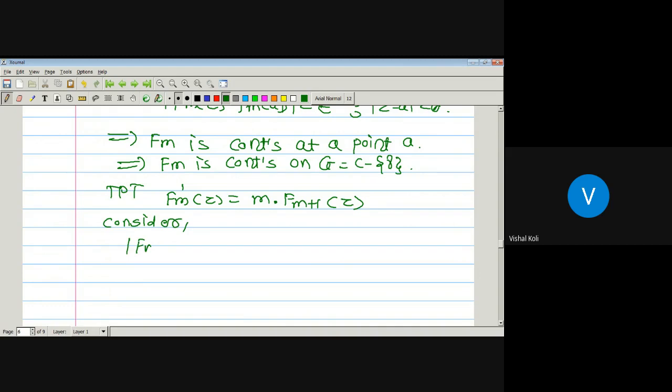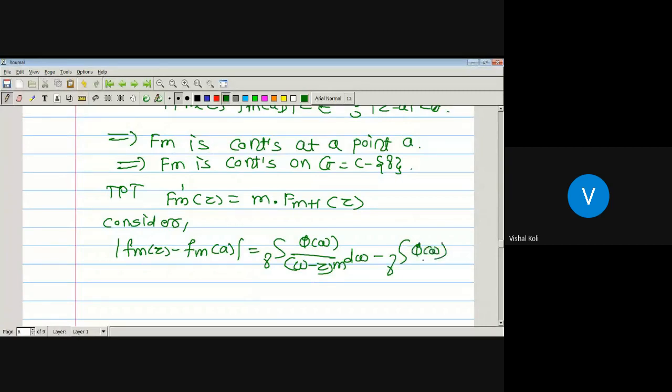fm of z minus fm of a, which is equal to the integral over the curve gamma of phi of w divided by (w minus z) to the power m into dw, minus the integral over the curve gamma of phi of w divided by (w minus a) to the power m dw. And we have solved this one.